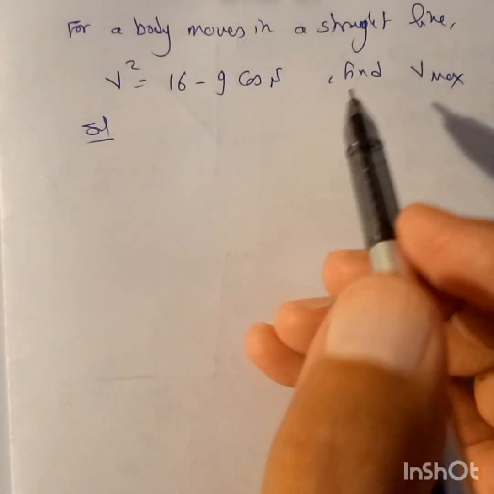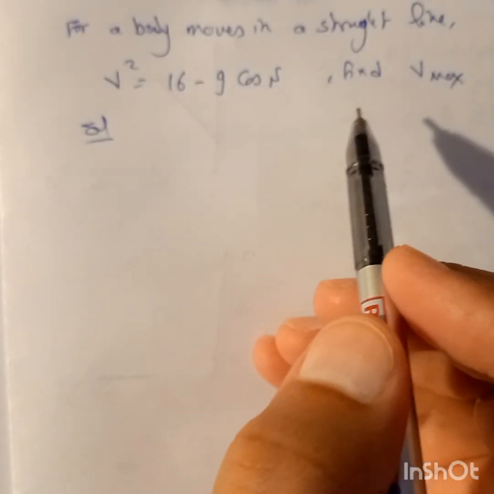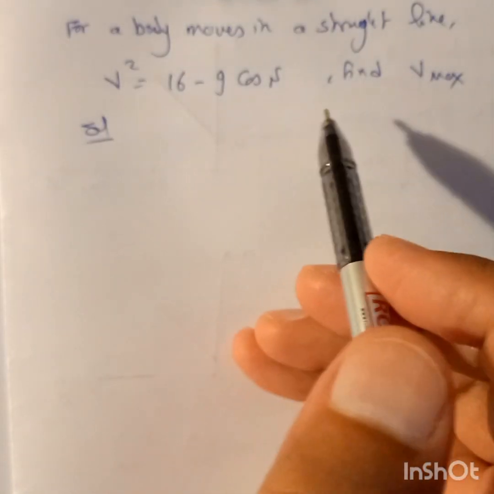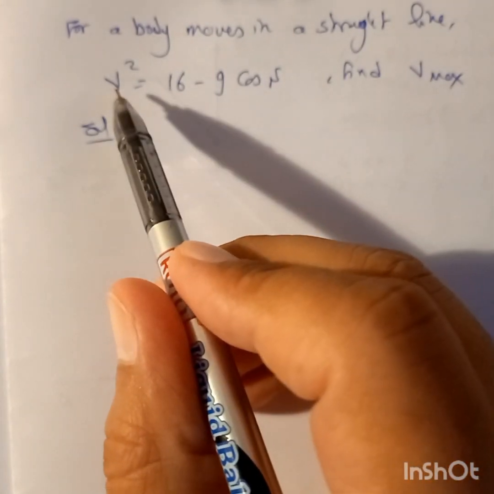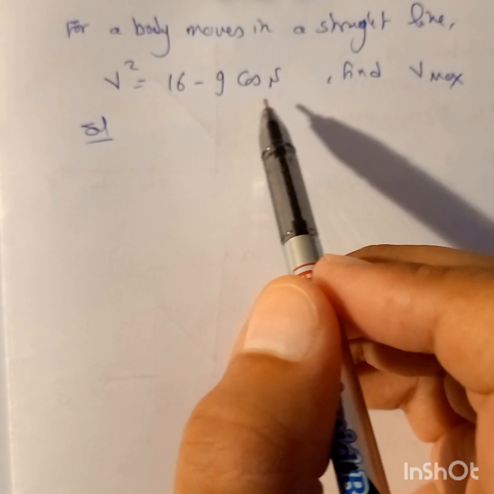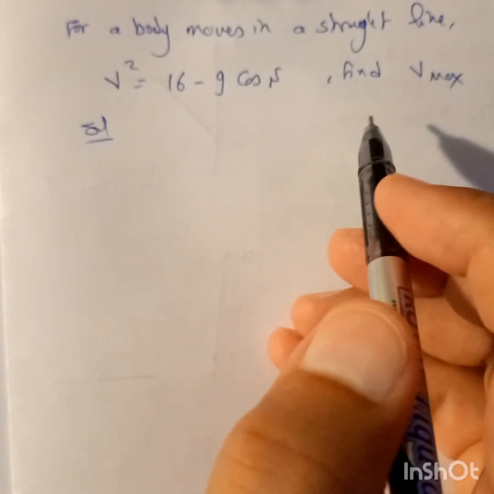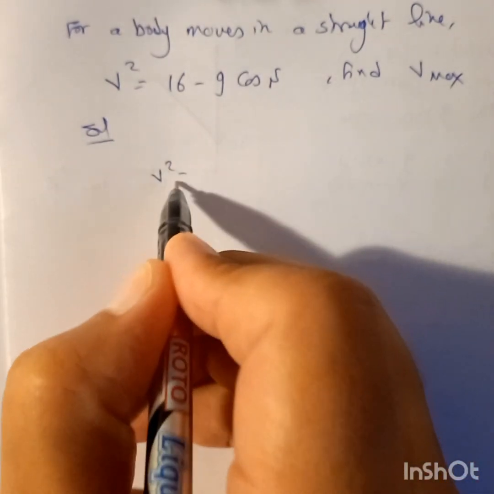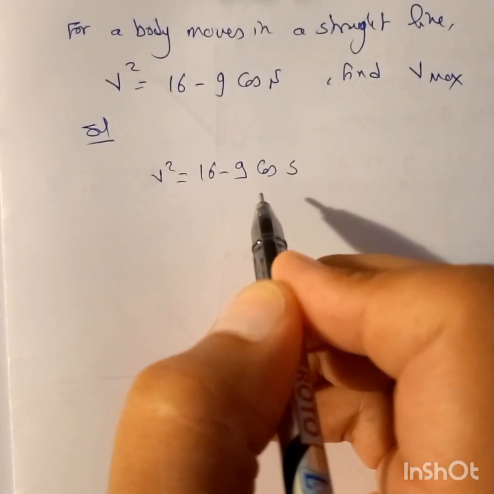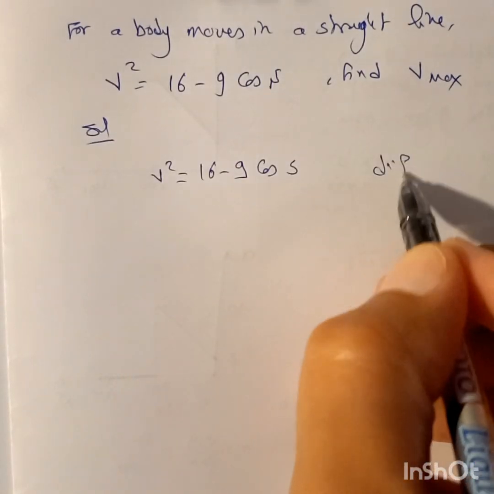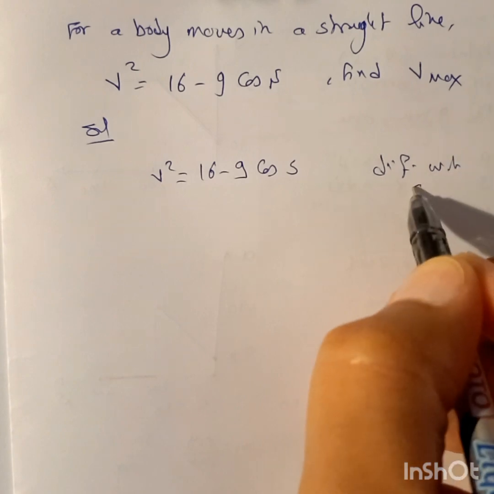We have another example. For a body that moves in a straight line, we have this relation: v squared equals 16 minus 9 cosine s, where v is velocity and s is displacement. Find v maximum. Here we have v squared equals 16 minus 9 cosine s. We can differentiate both sides with respect to s.